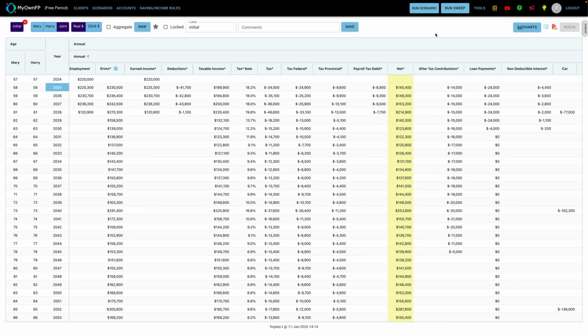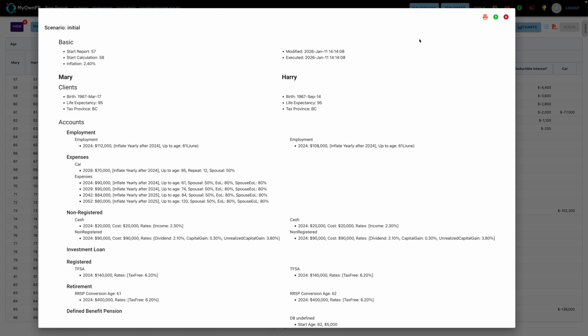There are a couple other things on the top. You can add some comments. This is the label, so if you want to change that and save all that. This little icon allows you to see what all the inputs are for the scenario. So we have our basic scenario name.